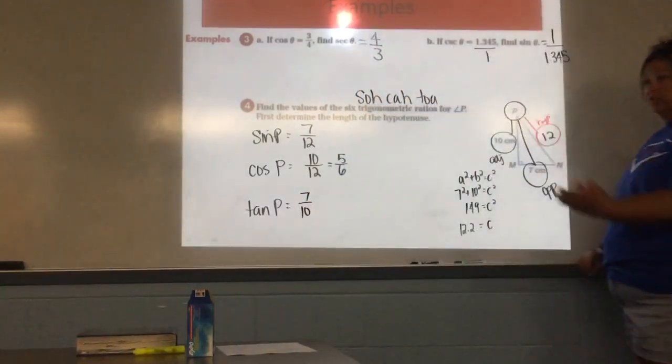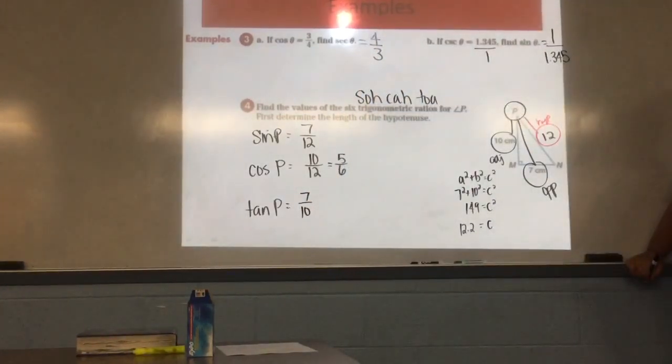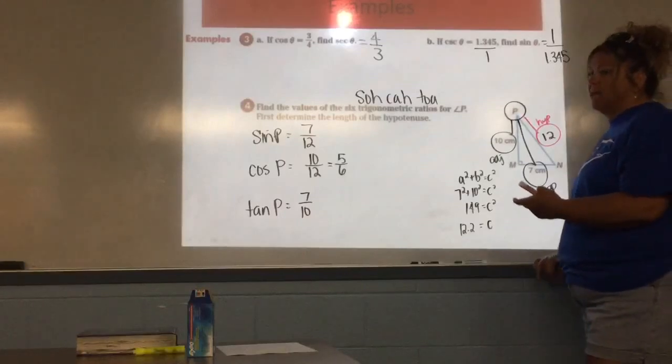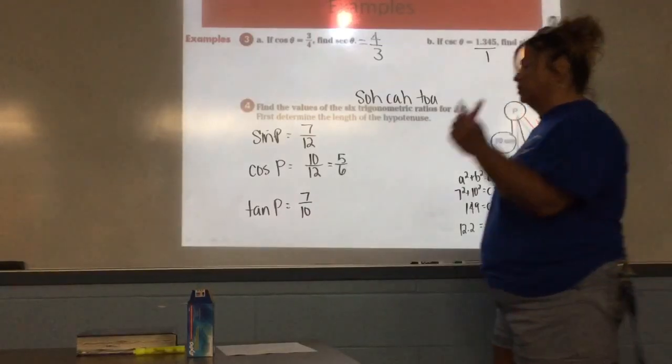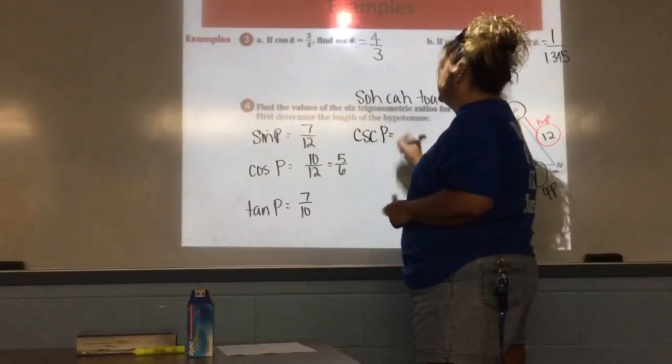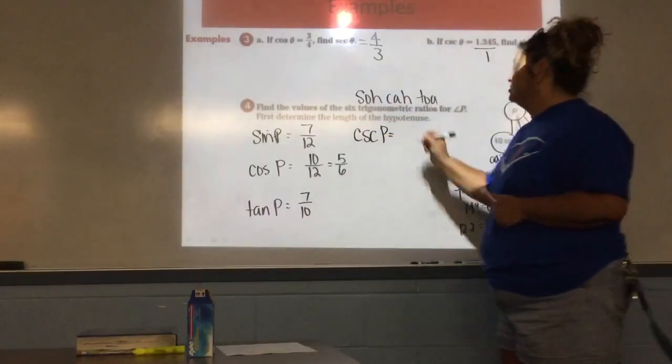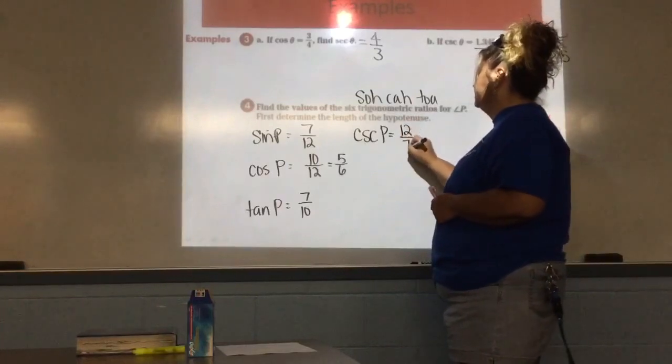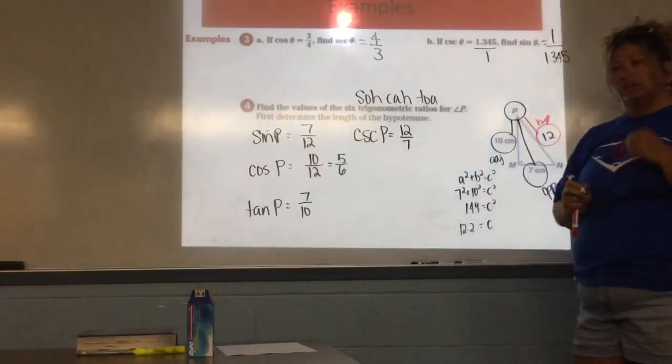Now that I have the first 3, it makes the reciprocals easy. What's the inverse of sine? Cosecant. So cosecant P is going to be 12 over 7. What's the inverse of cosine?